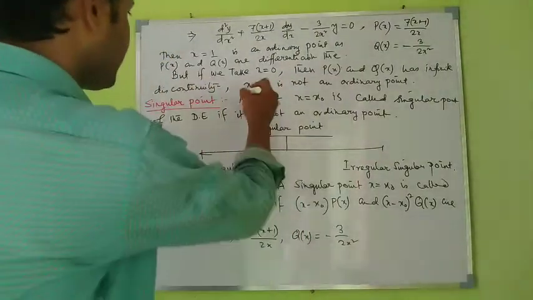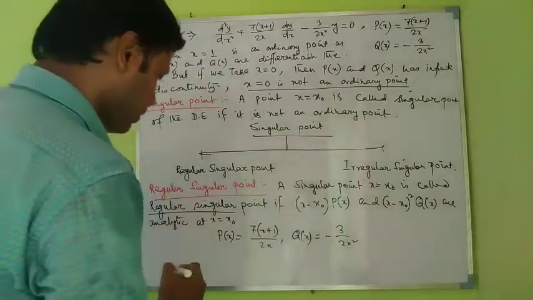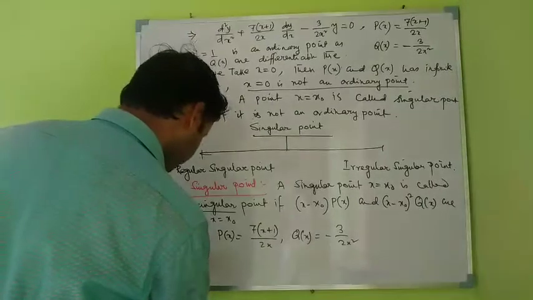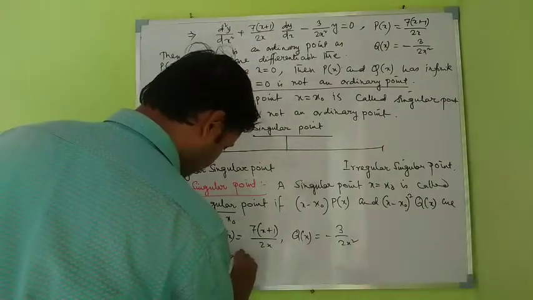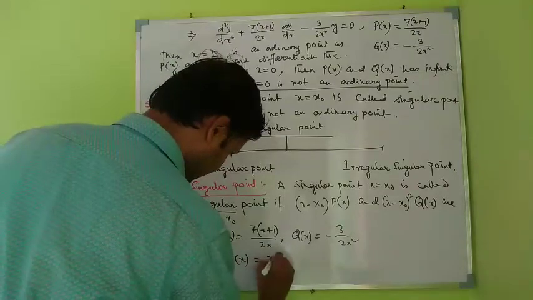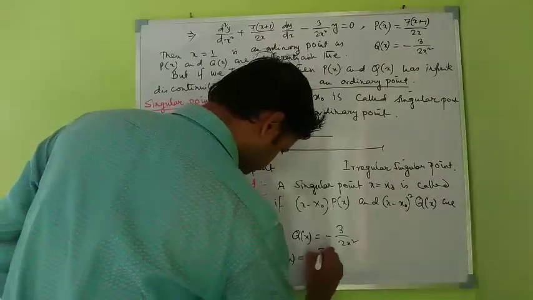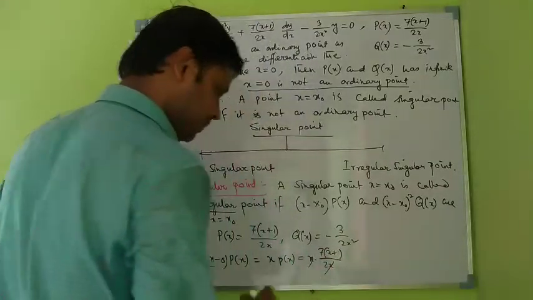We already see that x is equal to 0 is not an ordinary point, so it is a singular point. Now x minus 0 into p(x) is equal to x into 7 into (x plus 1) by 2x, so x cancels out.